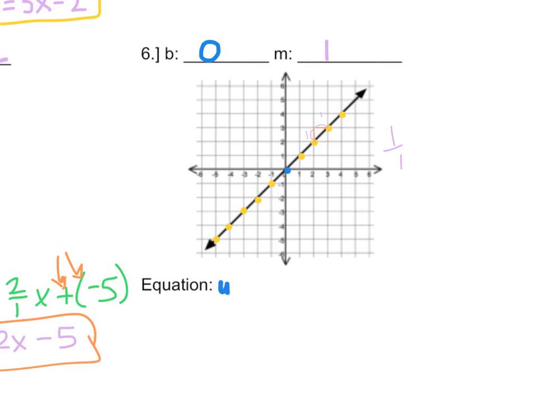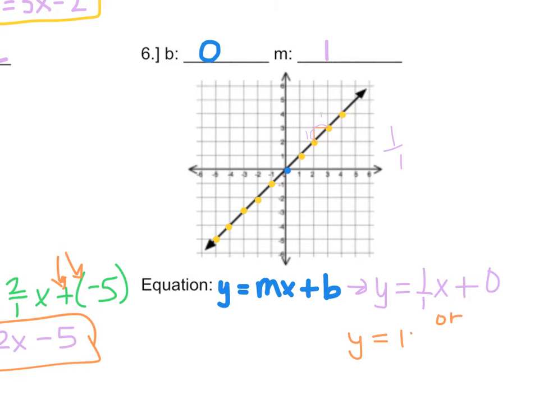So our equation is y equals mx plus b. Okay, so that's going to become y equals 1 over 1x plus 0. Or, more simplified, we could say y equals 1x plus nothing, so I don't have to put anything there.